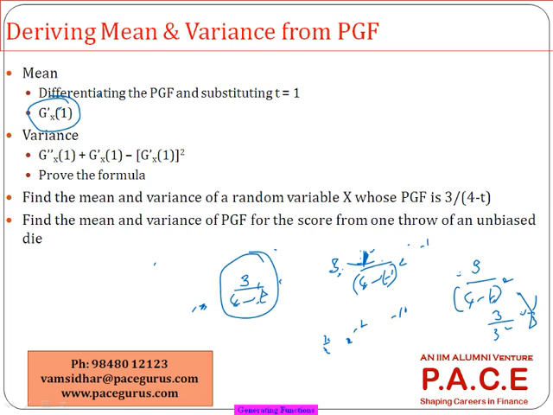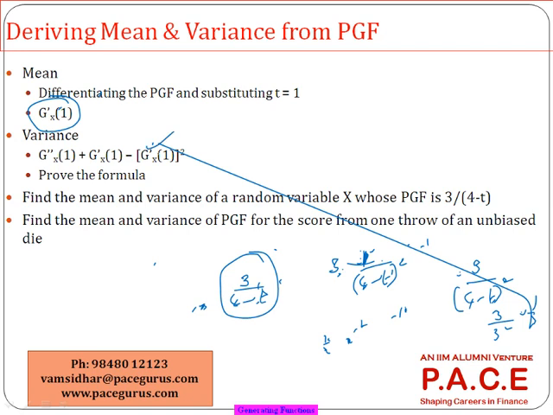So for any complex PGF also, after I take the derivative, I substitute t equal to 1 and get the mean of that particular distribution. The same case with the variance.